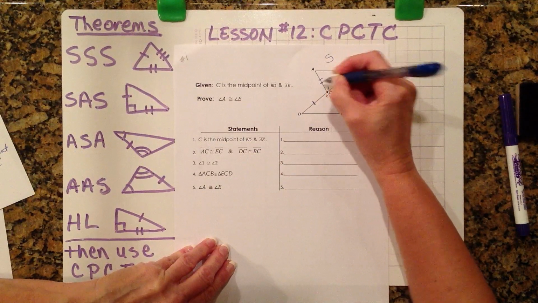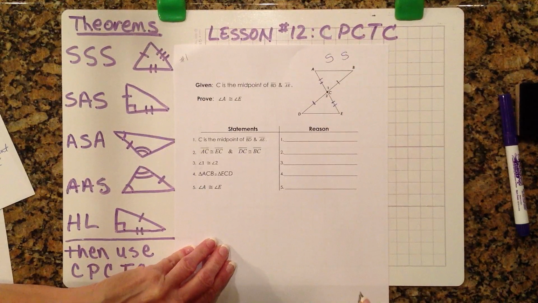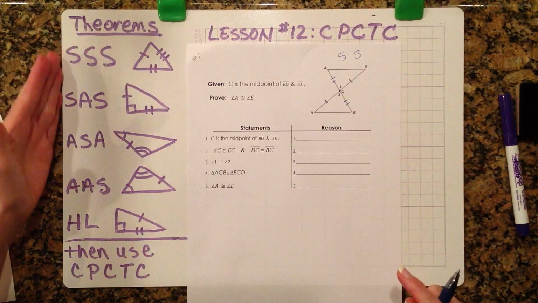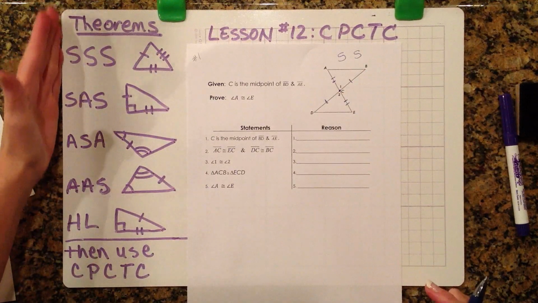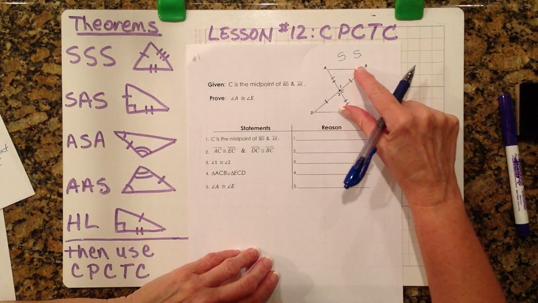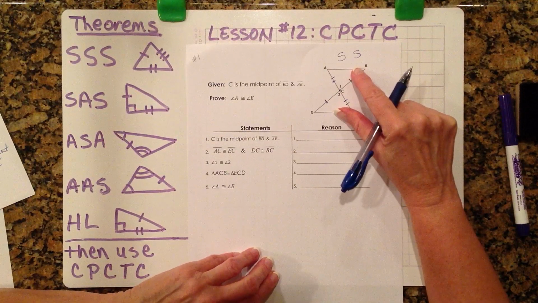So I know that these two sides are congruent. So I have another side right there. Right now, I've got SS. Look right here and see what I have. What are my choices now? I have two sides. Remember the bow tie. This looks like a bow tie. What's going to be congruent when you see a bow tie?